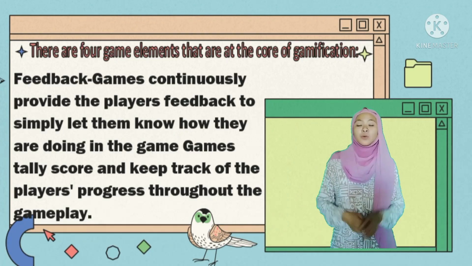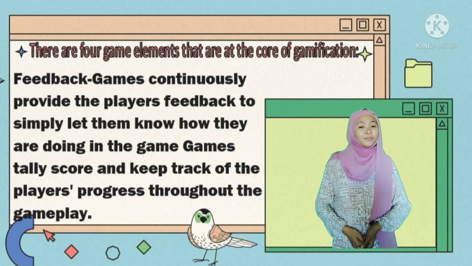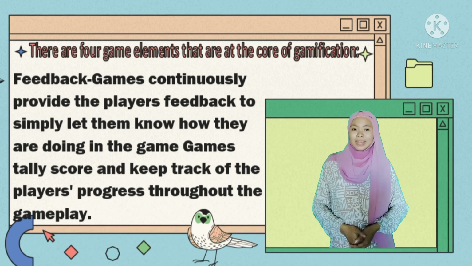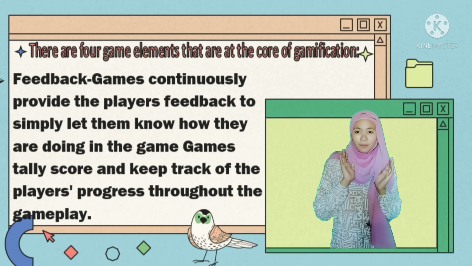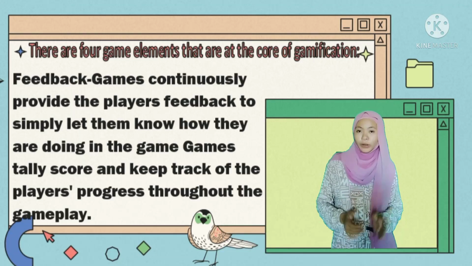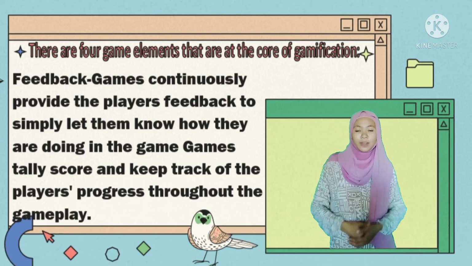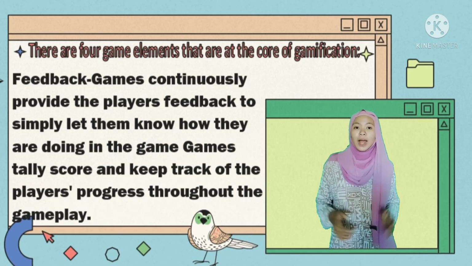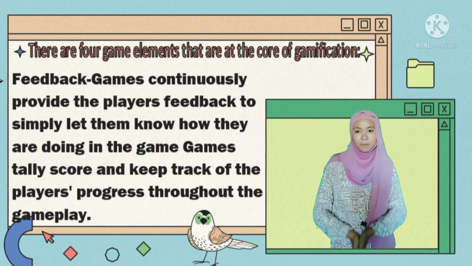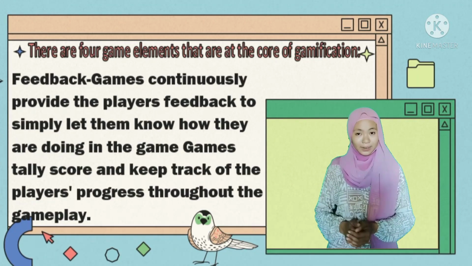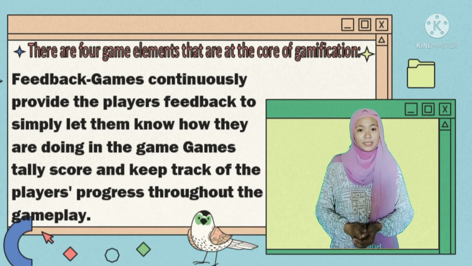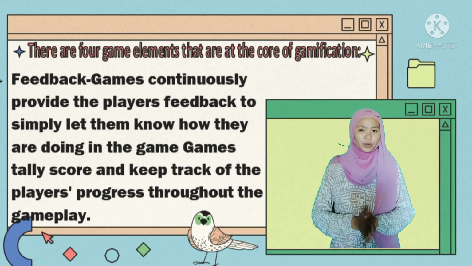Feedback. Games continuously provide the players feedback to simply let them know how they are doing, with the game's tally score keeping track of the players' progress throughout the gameplay. Feedback is clearly important in this teaching strategy.